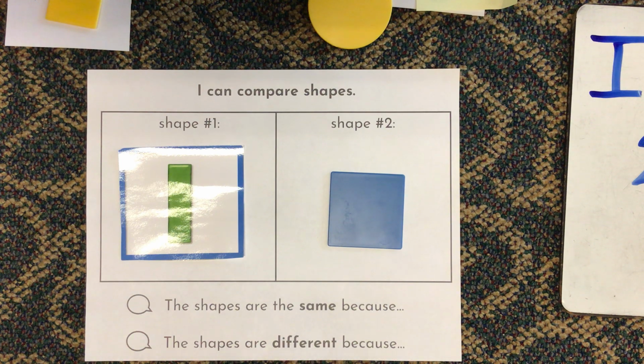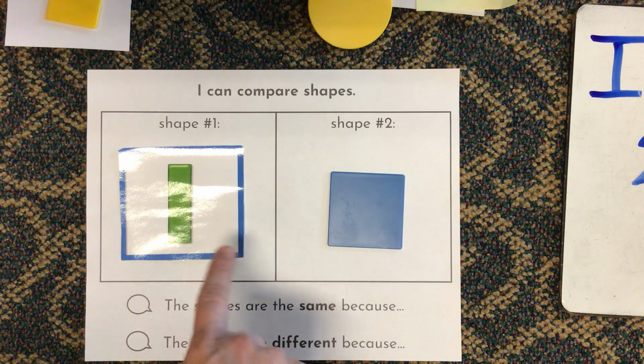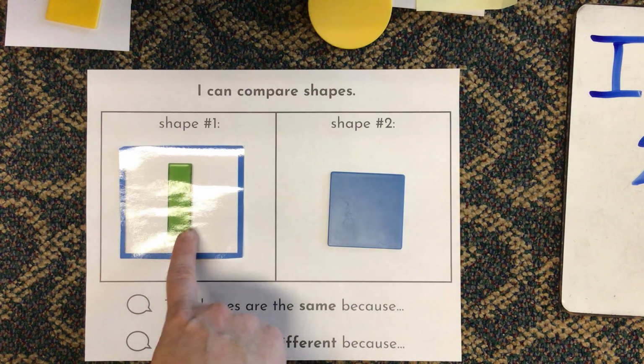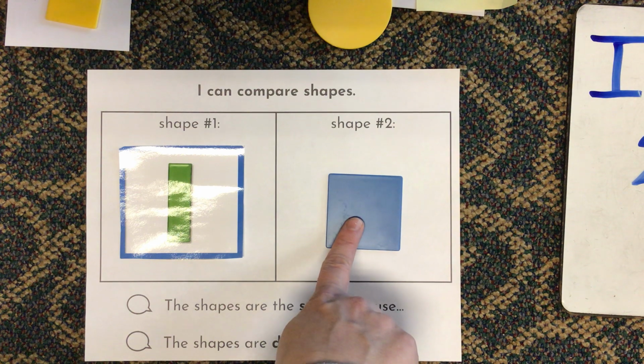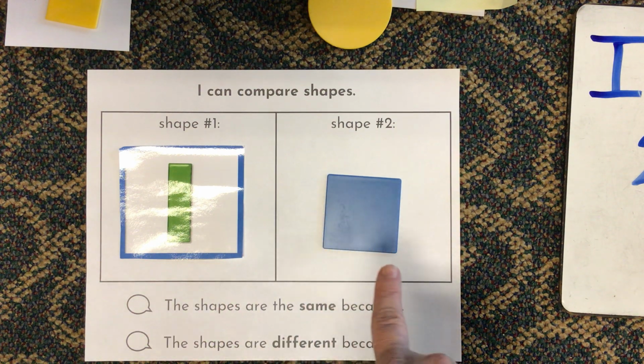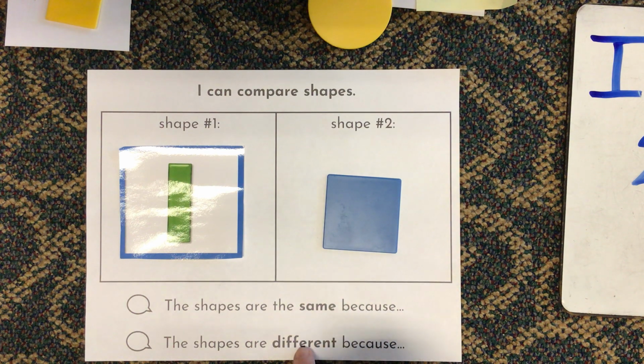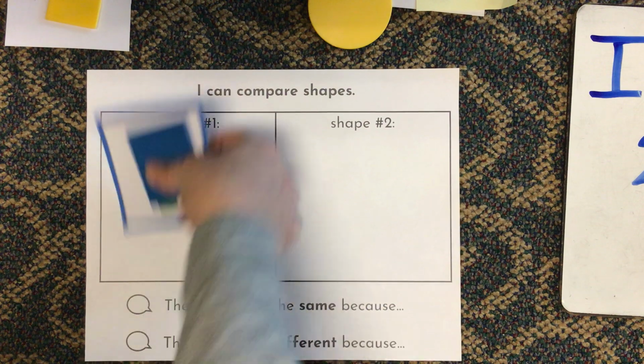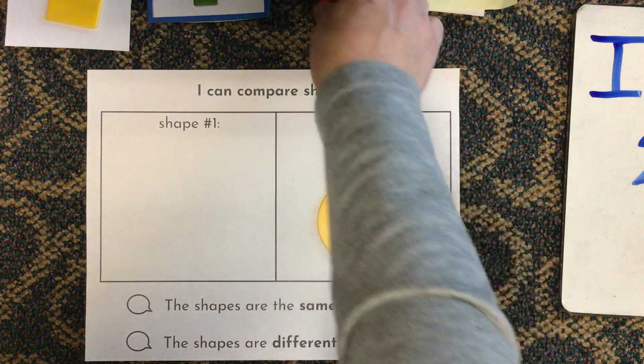The shapes are different because they're different sizes. They are different because they are different colors. They are different because one of them has a number 1 on it and this one does not have anything on it. Are they both flat? Yes. So would that be something that's the same or something that's different? The same. Very good.